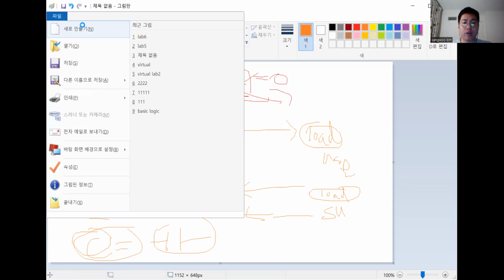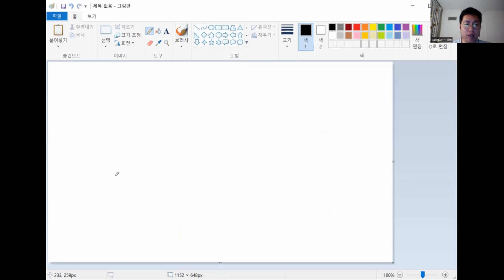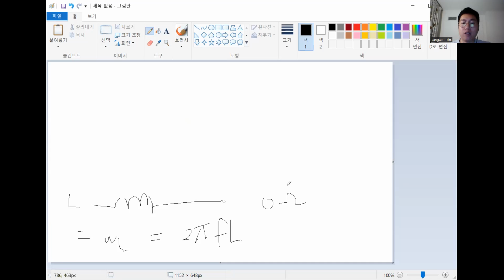So look at that here, guys. I was saying L is omega L, and 2 pi f L. This starts from 0 ohms. I said in DC it's going to be a short.